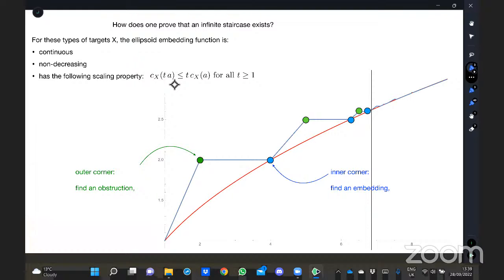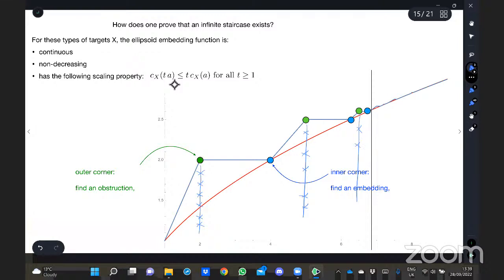For these types of targets X, the ellipsoid embedding function is always continuous, non-decreasing, and has a certain scaling property. It's not very hard to prove these properties. And then we just have to prove certain upper bounds and lower bounds for 2 intertwining sequences of numbers. For a certain sequence of numbers, the ones in green, we prove that the scaling can't be any smaller than certain values.